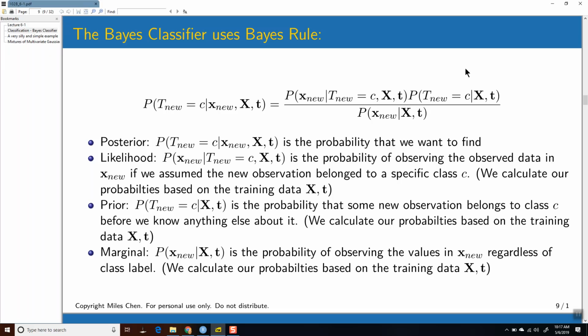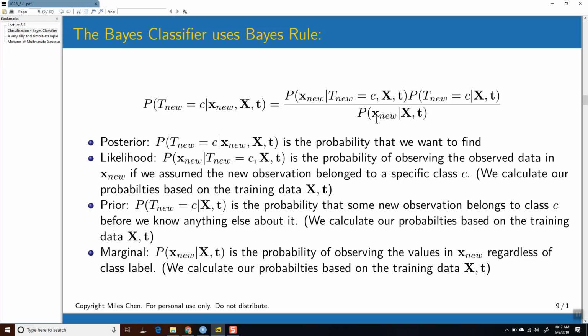And then this x and t appears in everything because all of these probabilities are based on the training data x and t. The prior is the probability that some new observation belongs to class C before we know anything else about it. And again, these things are based on the training data x and t.